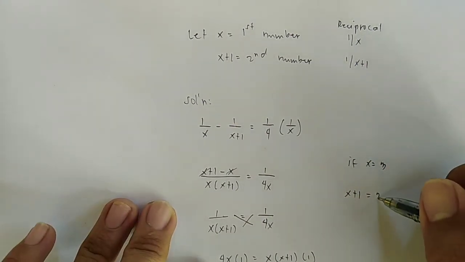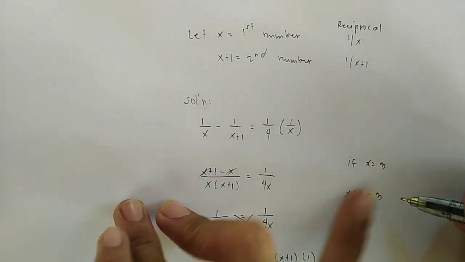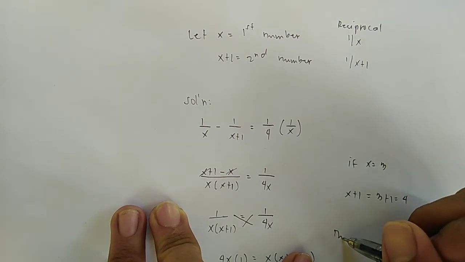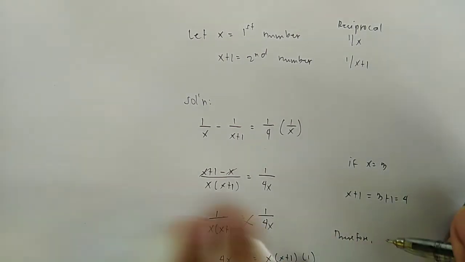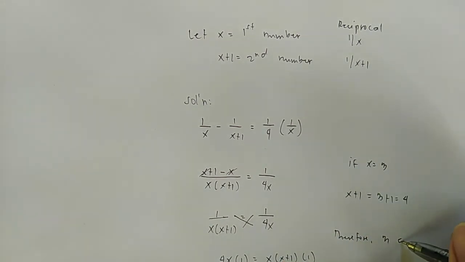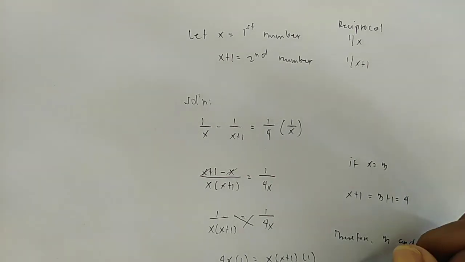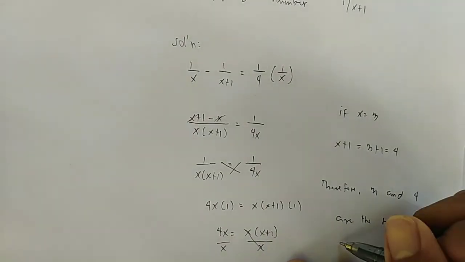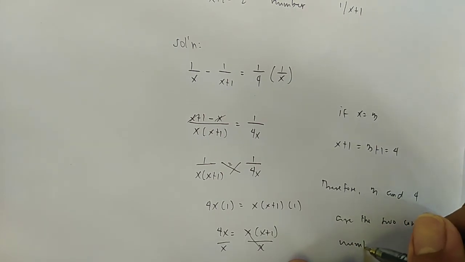So 3 plus 1 is equal to 4. Therefore, we can say that 3 and 4 are the two consecutive numbers.